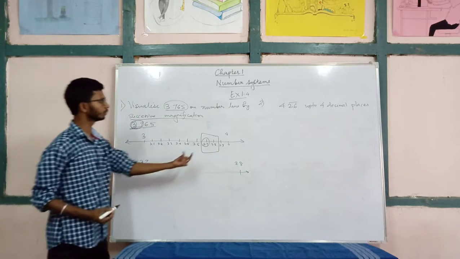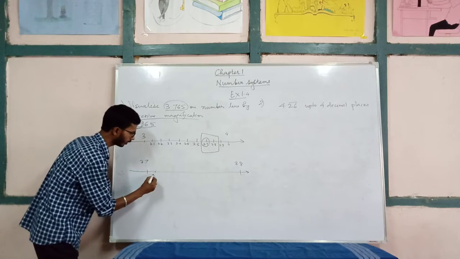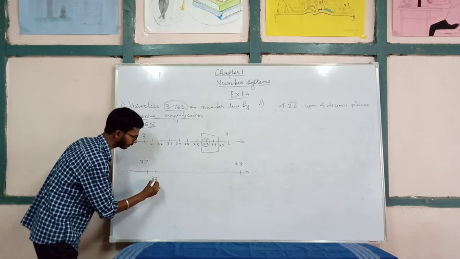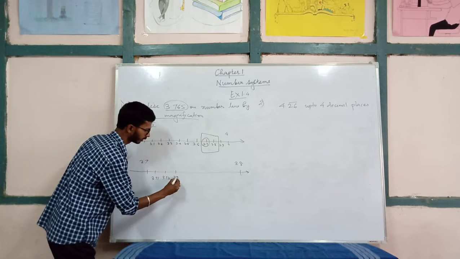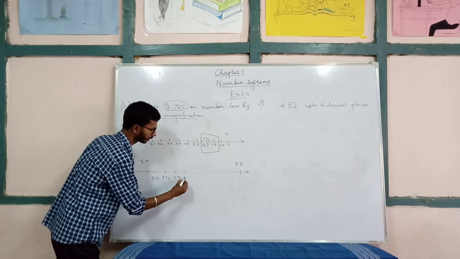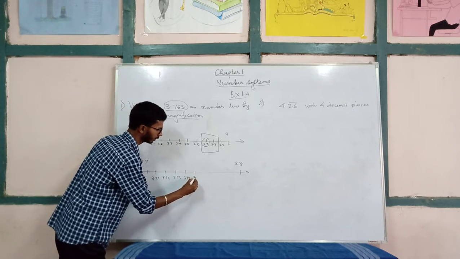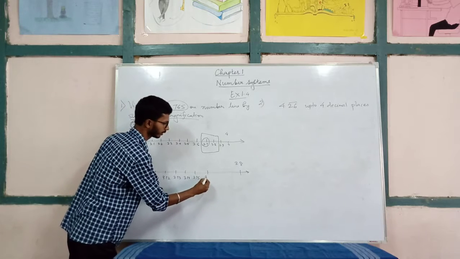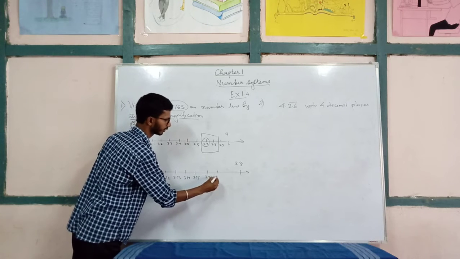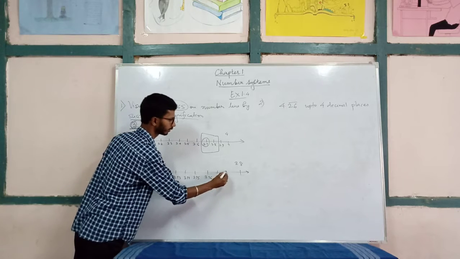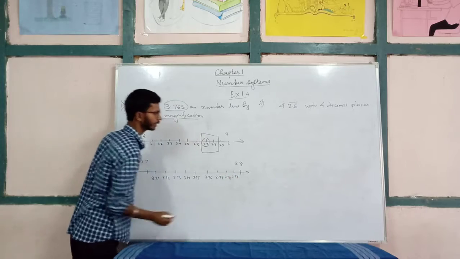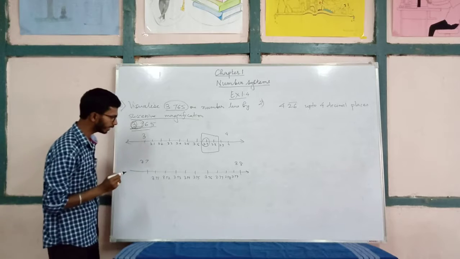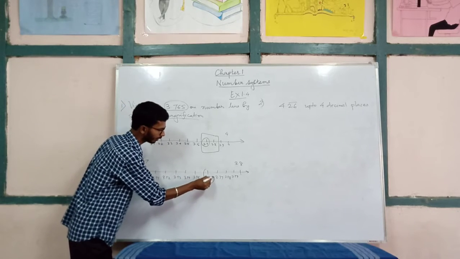Let's magnify these 2 points. 3.7, after it comes 3.71, 3.72, 3.73, 3.74, 3.75, 3.76, 3.77, 3.78, 3.79 and 3.8. Now where is 3.76? This is 3.76.